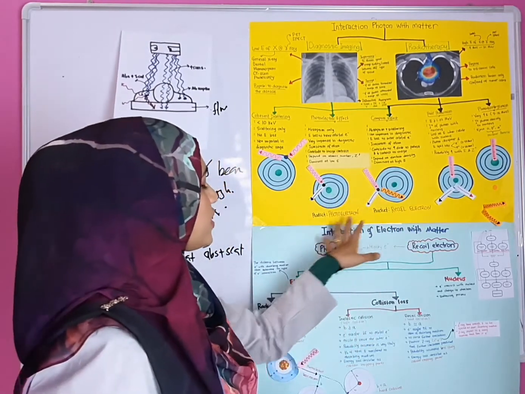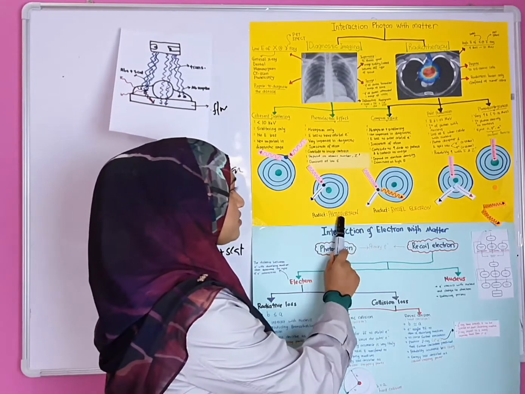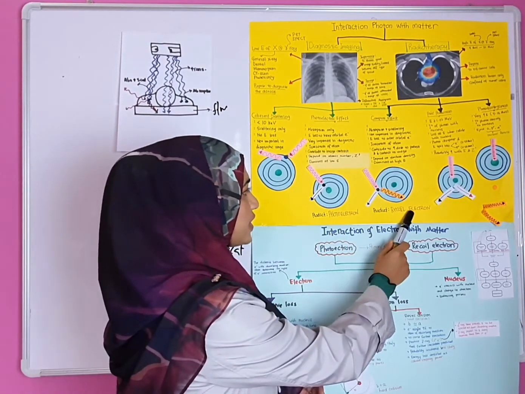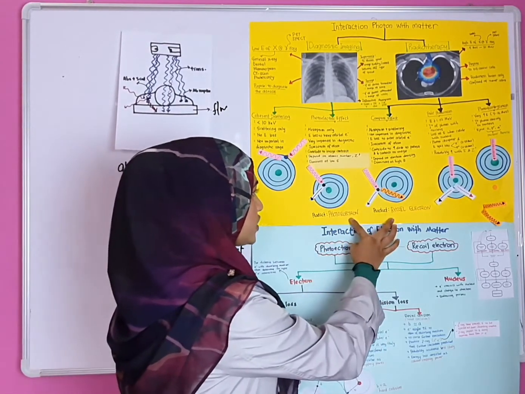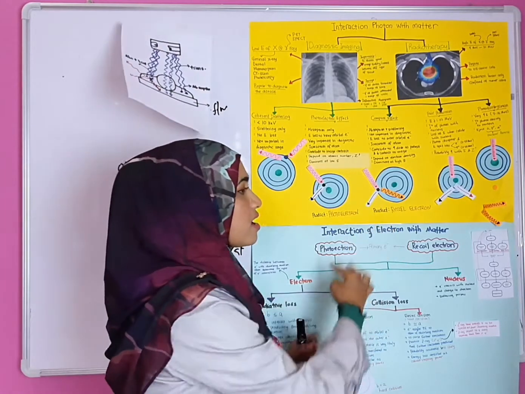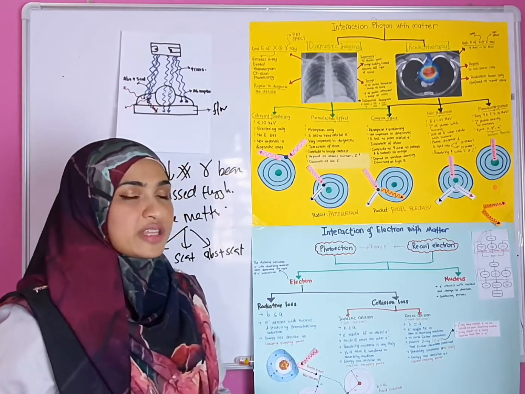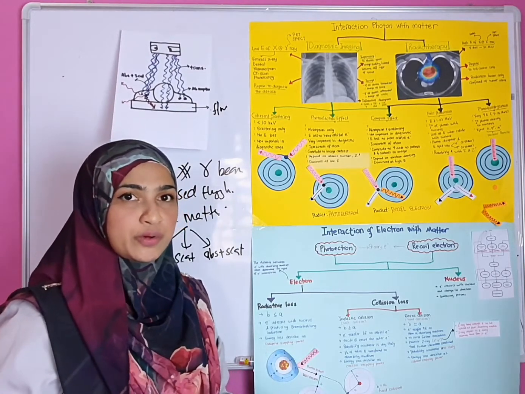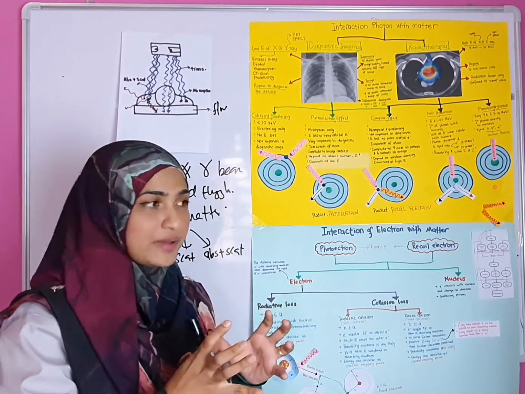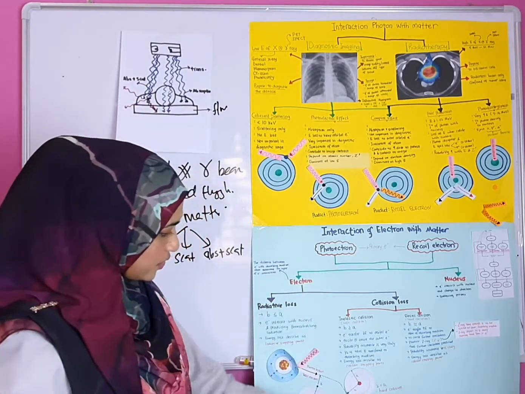Later I'm going to touch on more detail for the photoelectron and the recoil electron, because these two electrons are the ones responsible for causing further ionization within the human body or within the selected area, which I'm going to cover later on.